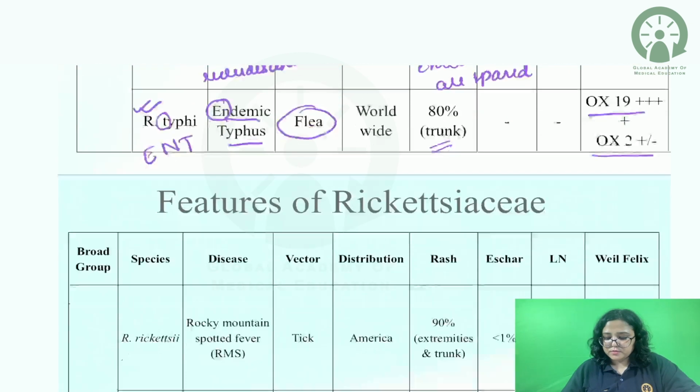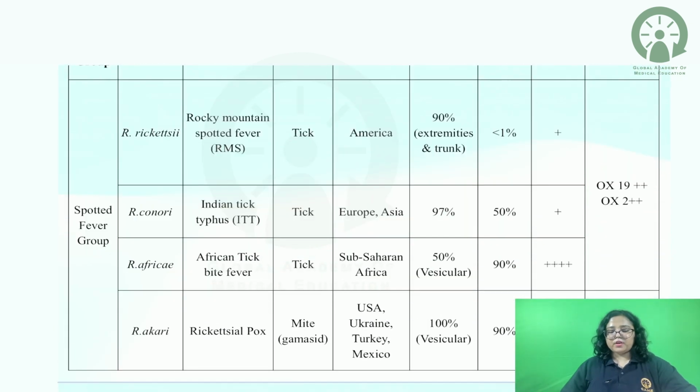Let us come to the spotted fever group. In the spotted fever group, the first is Rickettsia rickettsii. Now to remember the disease caused by Rickettsia rickettsii, we have all known that the movie RRR has become so popular. So Rickettsia rickettsii, you can remember like that, Rickettsia rickettsii and Rocky Mountain spotted fever.